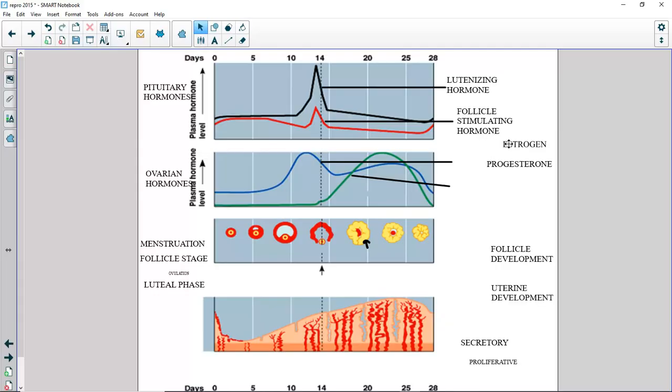Estrogen is the blue line here. These are the common ones that we always talk about, and progesterone is the green line. The main function of estrogen is to thicken the lining of the uterus. So I might as well label both of these here. The uterus is this picture down here.